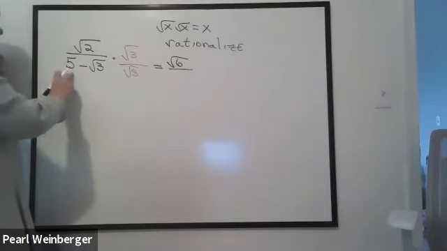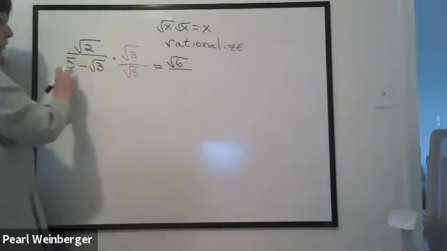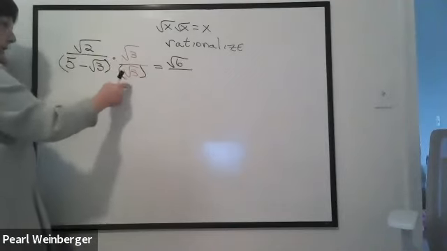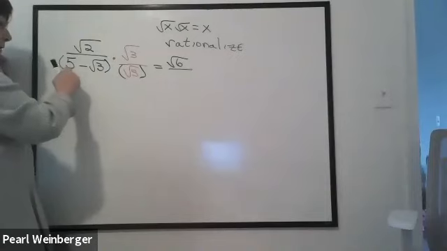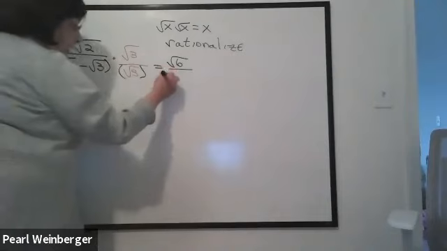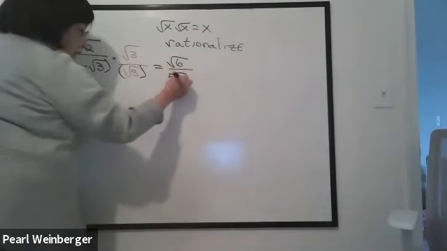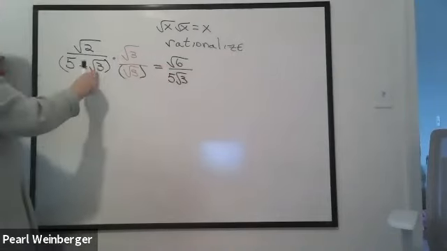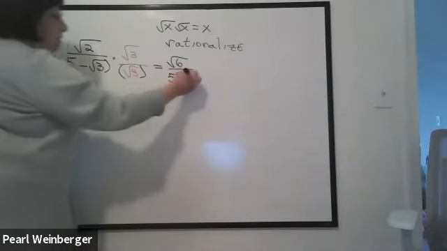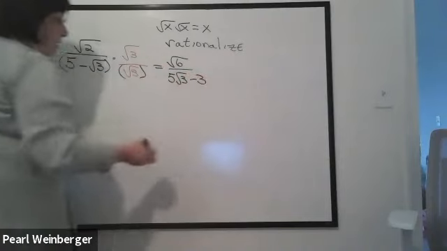Well, this is a binomial and this is a monomial. Remember, when you multiply a binomial by a monomial, you have to use the distributive property. So you will get 5 times radical 3, which is 5 radical 3, minus radical 3 times radical 3. Well, radical 3 times radical 3 we know is just plain 3.